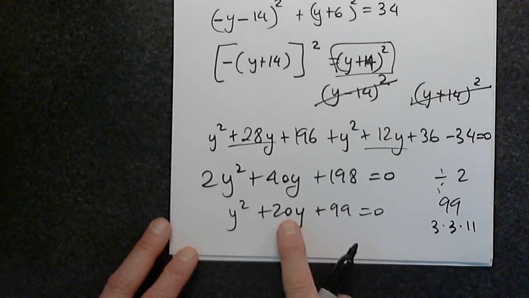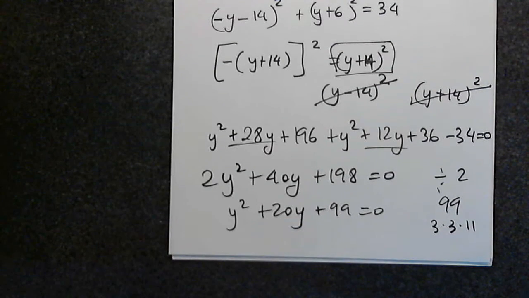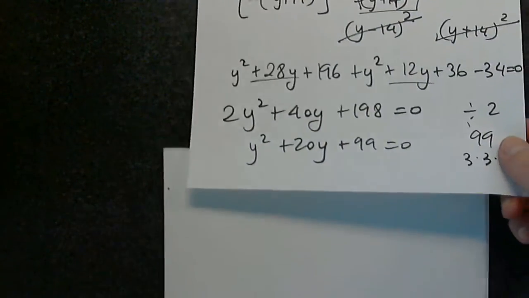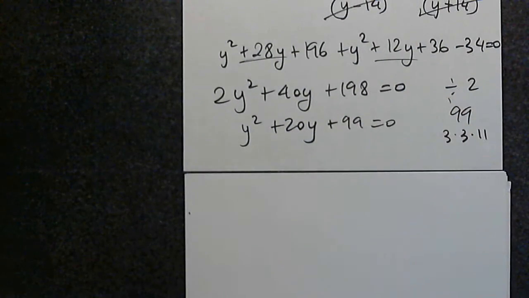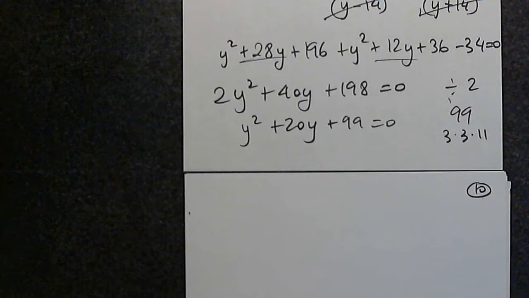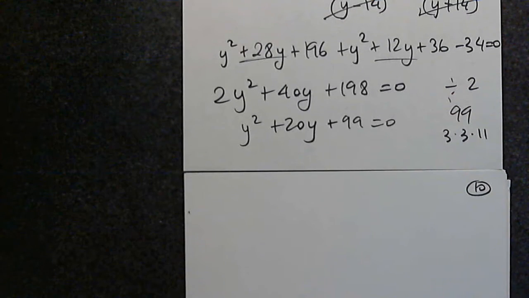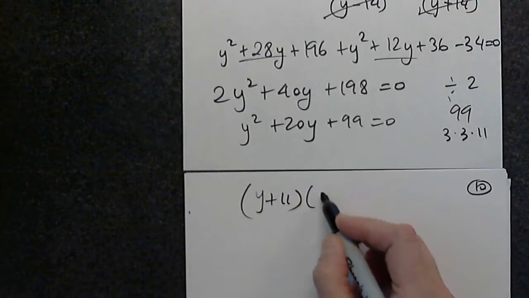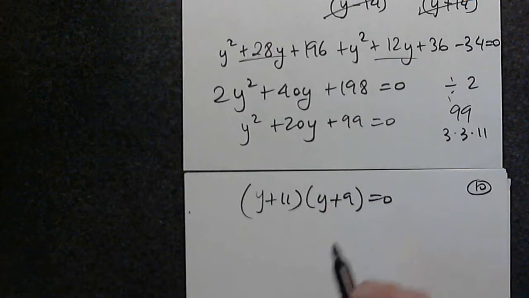Can I get a 20 and just factor quickly? Or if you say no, then we'll have to use the quadratic formula. The sum is 20, the product is 99.